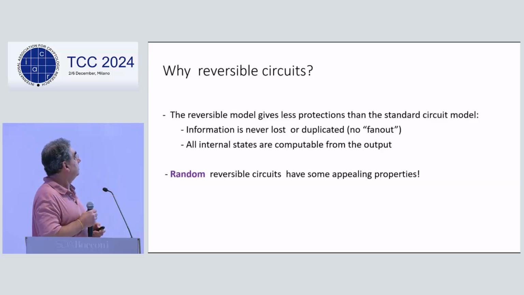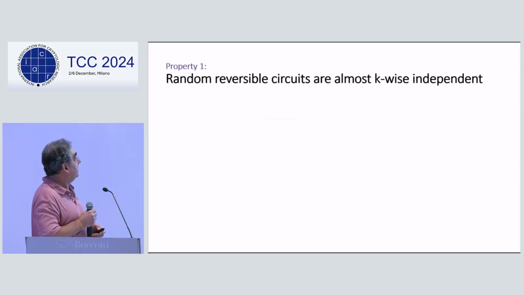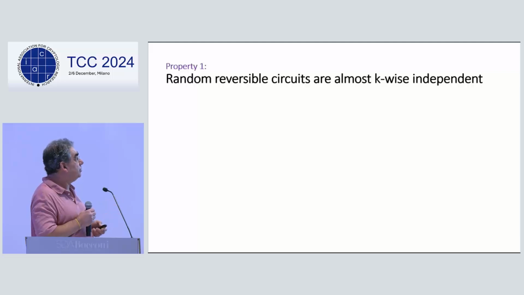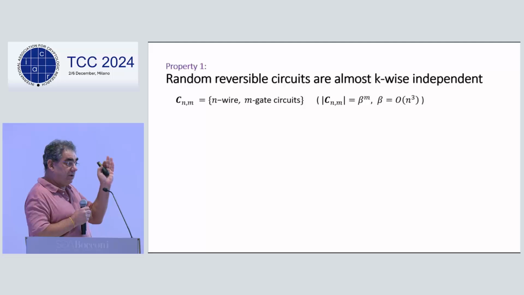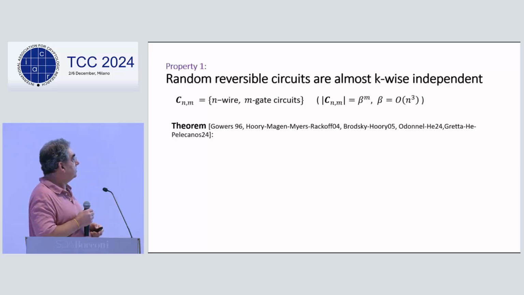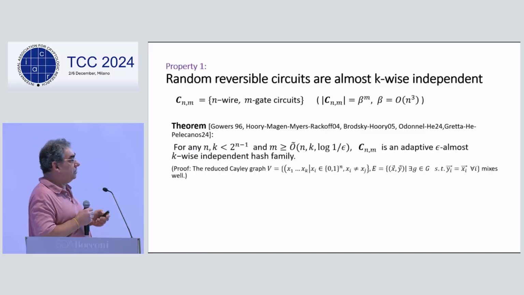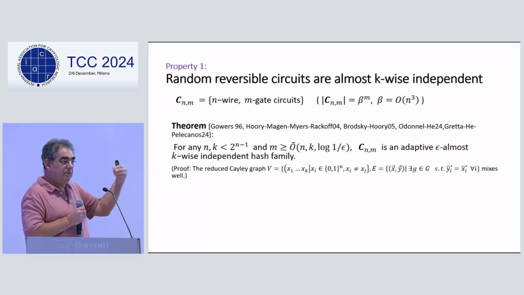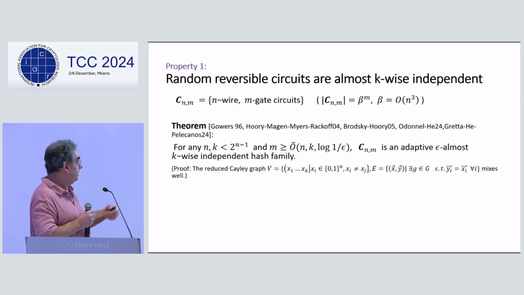It actually lends itself to what we're doing. The first thing is that not only is the functionality of a random reversible circuit meaningful, not a 0 or 1 function, it was actually proven to be almost k-wise independent, even for a relatively small number of gates. There is a whole list of works, starting from Gowers and very recently a lot of new interest in this problem, showing that a random reversible circuit of m gates is almost k-wise independent for some k which is a polynomial fraction of m, for any m.